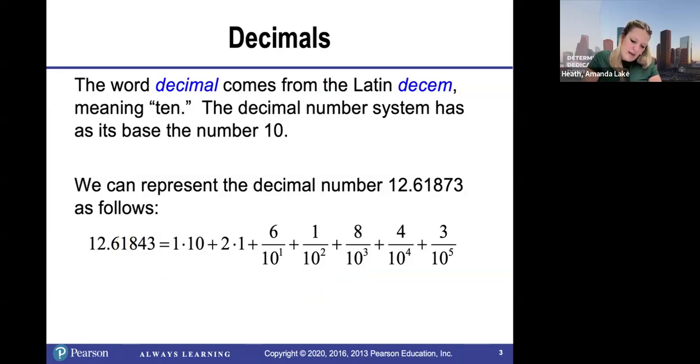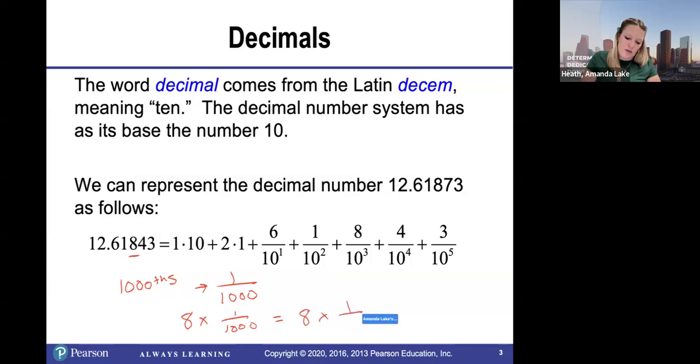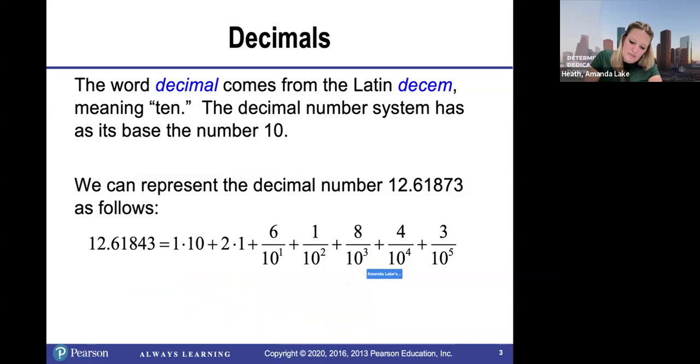And then we have thousandths, which is when we have 1 over 1,000. So here we have 8 times 1 over 1,000, which is the same thing as 8 times 1 over 10 cubed. You'll notice it's cubed, and we're in the third decimal place over. That's where we get 8 over 10 cubed.